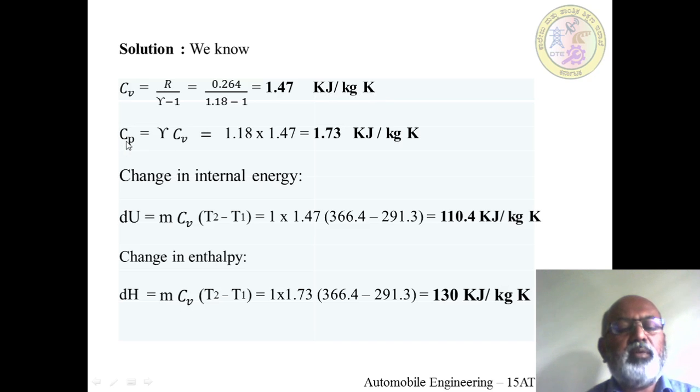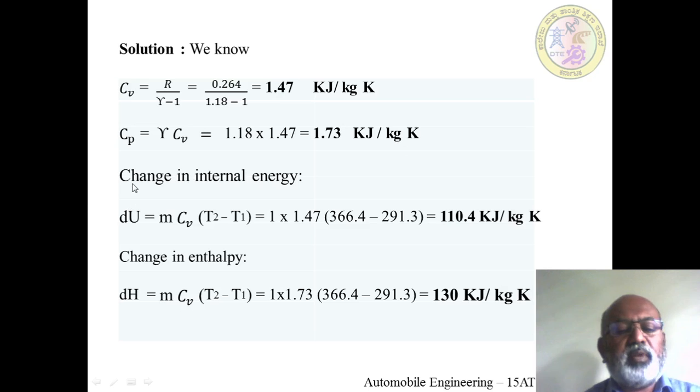And the formula we know, specific heat at constant pressure is equal to gamma into Cv, where gamma is 1.18 and Cv we have just found. After simplification, the answer is 1.73 kilojoules per kg Kelvin.